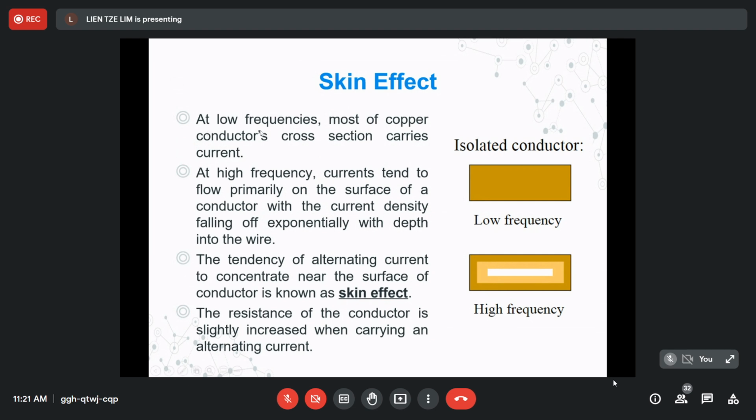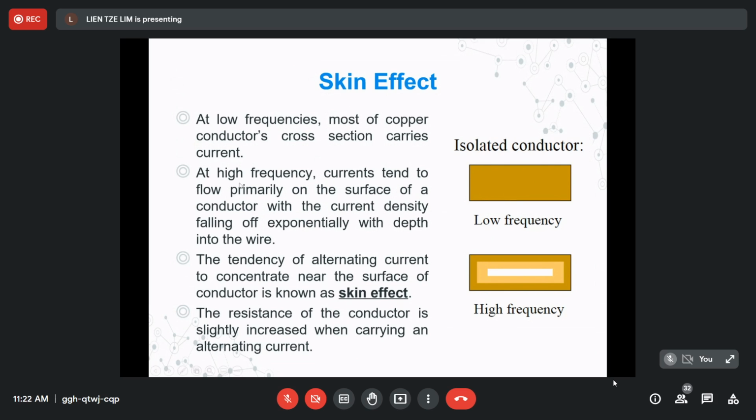At low frequency, most of the copper conductor cross section carries current. Imagine that this is an isolated conductor, applied with a low frequency; this conductor illustrates that the whole cross section carries the current.